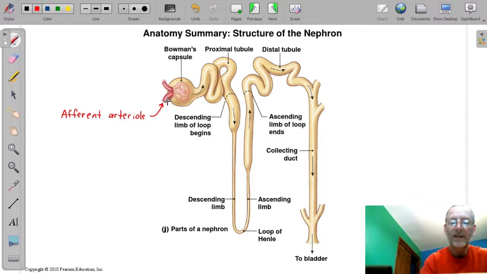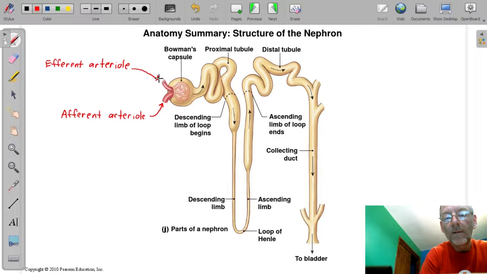And then we have the efferent arterioles leaving the glomerulus, and the efferent arterioles then go off to the peritubular capillaries.